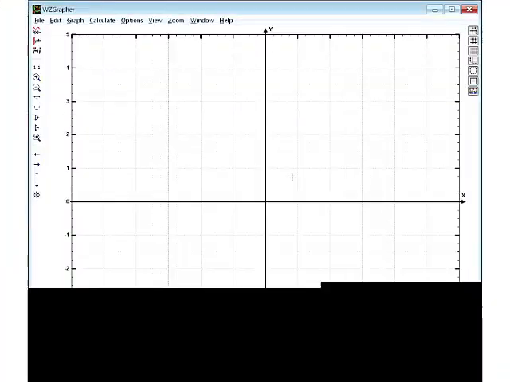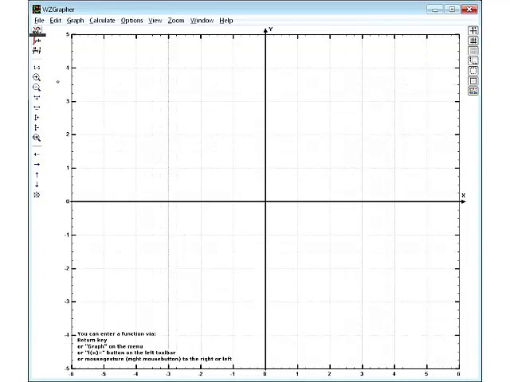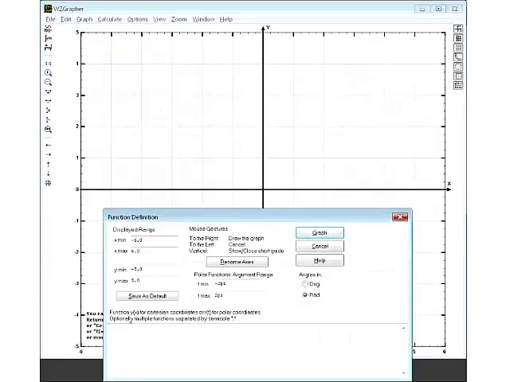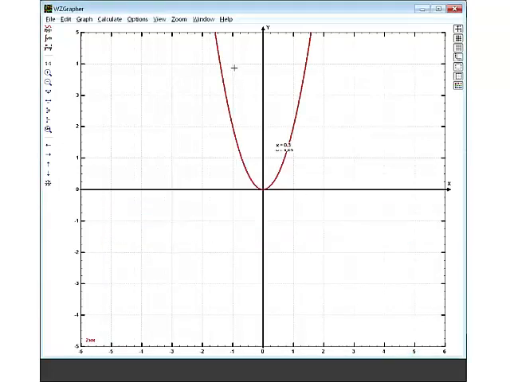So we just want to plot the function. It's a parabola, so we would have 2x times x, that would work, 2x squared. We graph it, and there's our parabola.